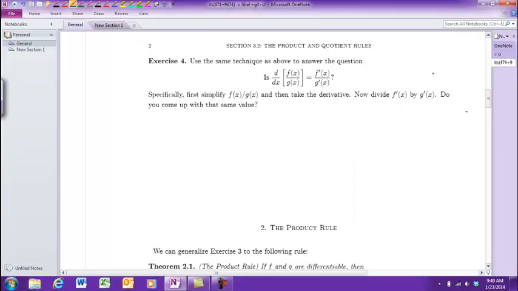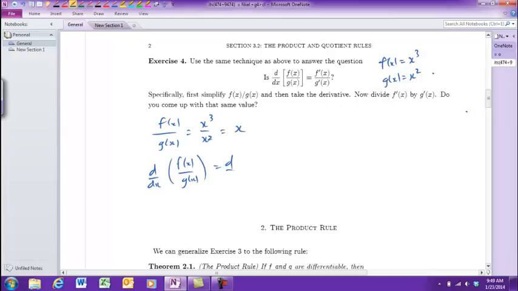Okay, so remember our f of x here is still x cubed, and our g of x is still x squared. So if I do f of x divided by g of x, that's x cubed divided by x squared, which is just x. And if I take the derivative of f of x over g of x, that's the derivative of x, and by the power rule, that's just going to be 1.